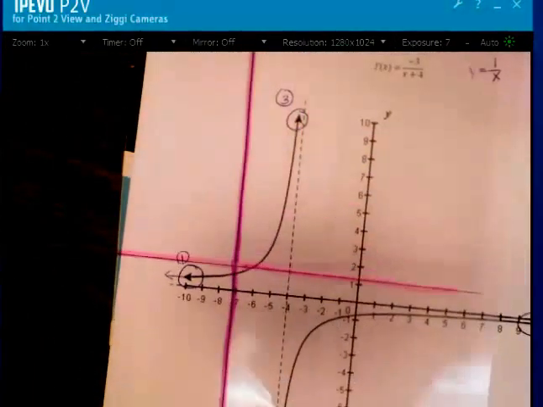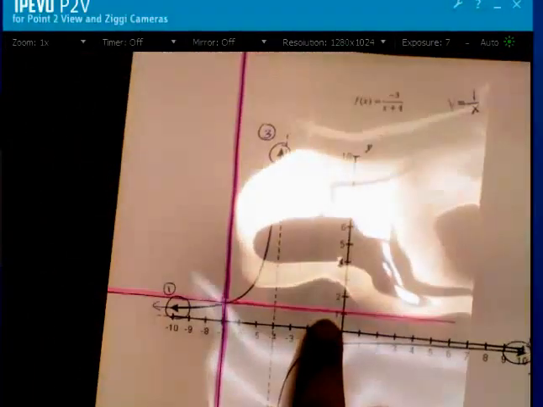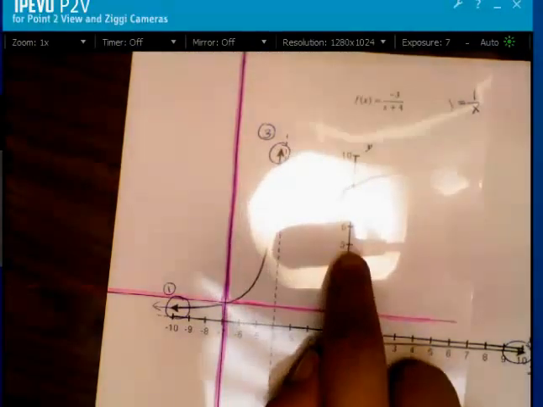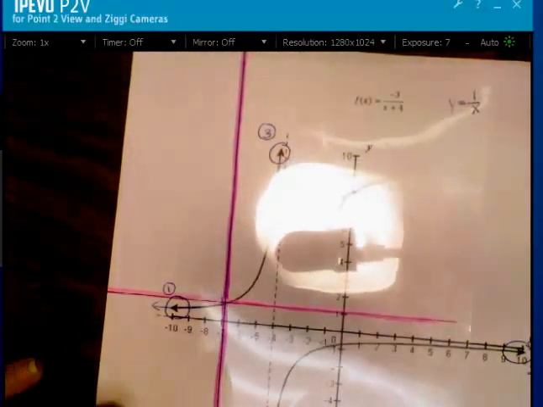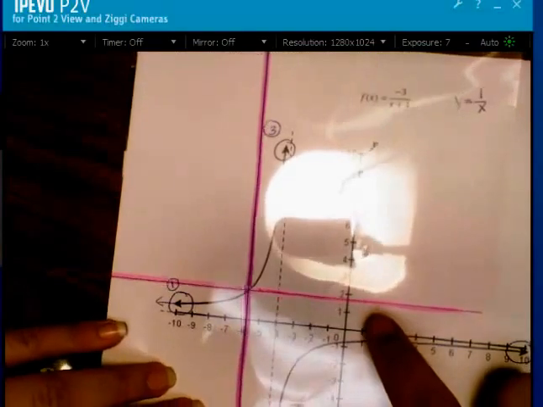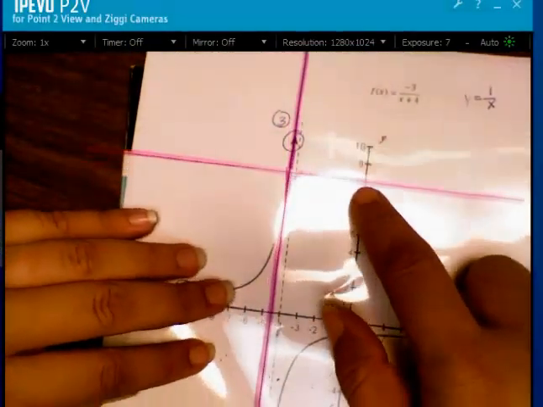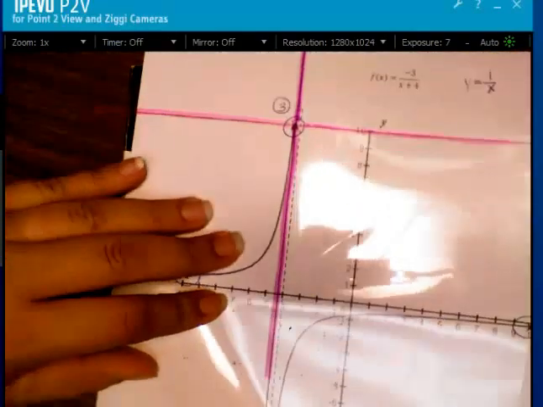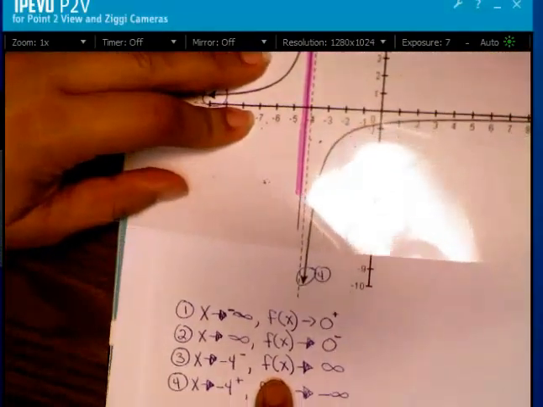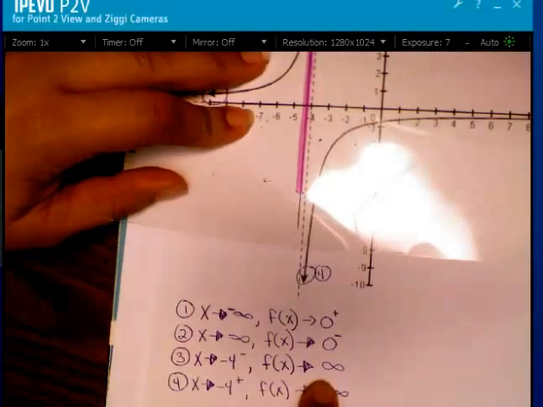Okay, I'm going to trace it one more time. Now we're going to watch the pink and see what happens to the y values. As I trace the function, you can see that the pink is touching larger and larger y values. So that's why we said f of x goes to infinity.